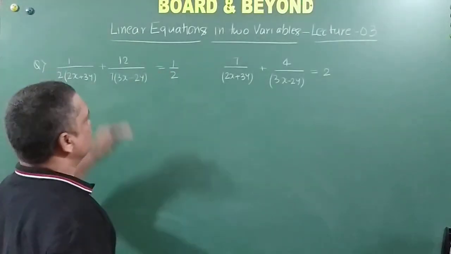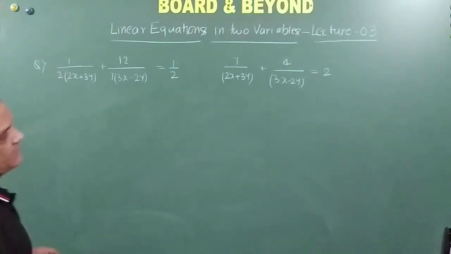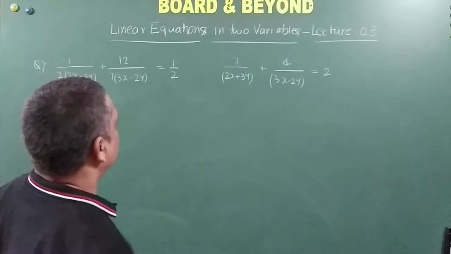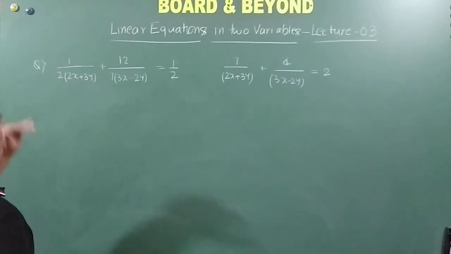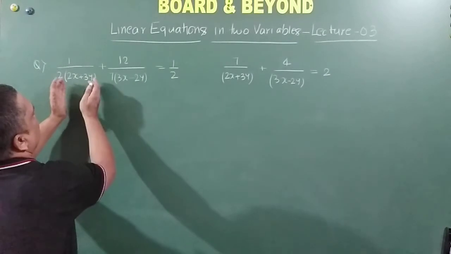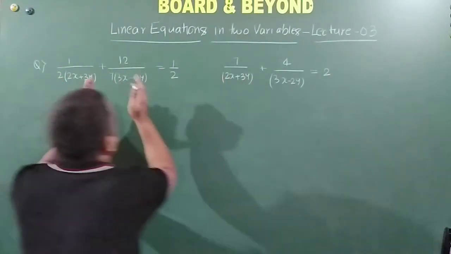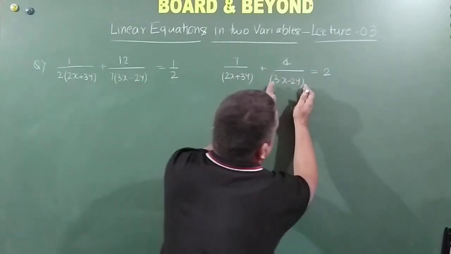Okay friends, so this is the next question which we have selected to give you the concept. You can see here the denominator 2x plus 3y is the same as this, and 3x minus 2y is the same as this.